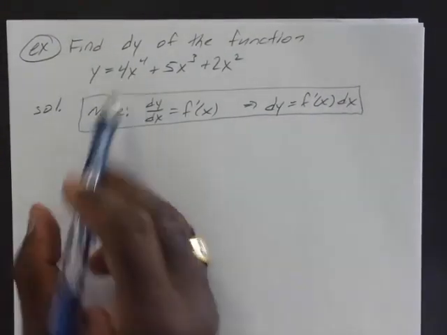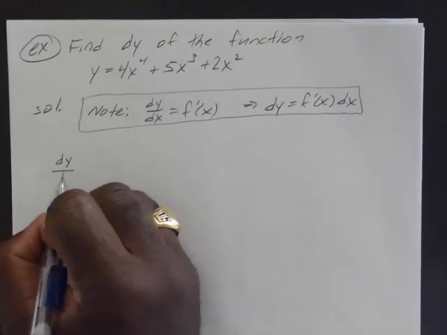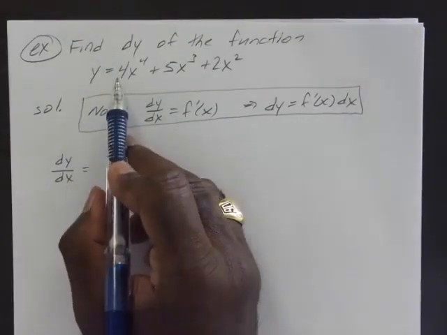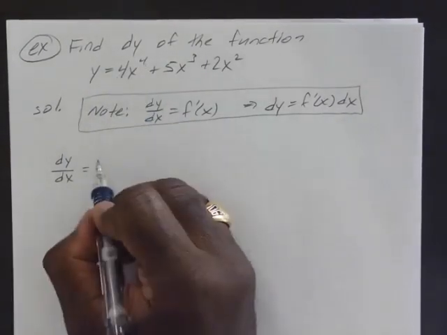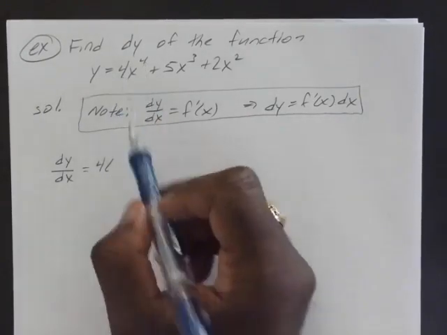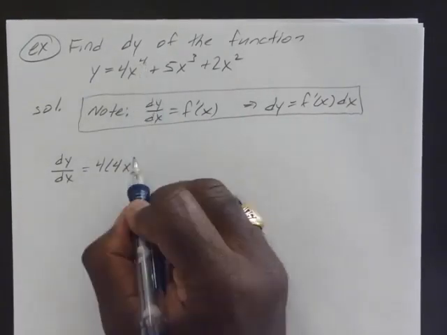So we just have to find our derivative. So the derivative of y with respect to x is equal to 4 times the derivative of x to the fourth power. So we use the power rule, bring down the 4, times x to the power of 4 minus 1, which is 3.